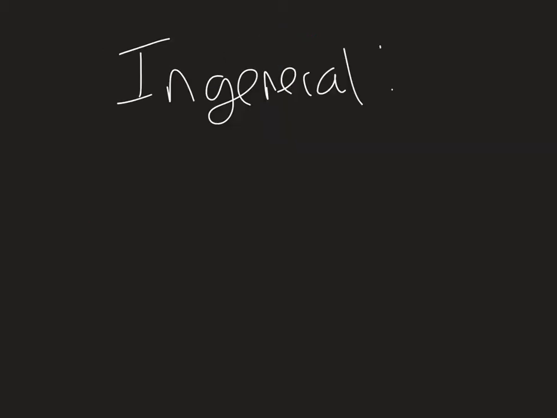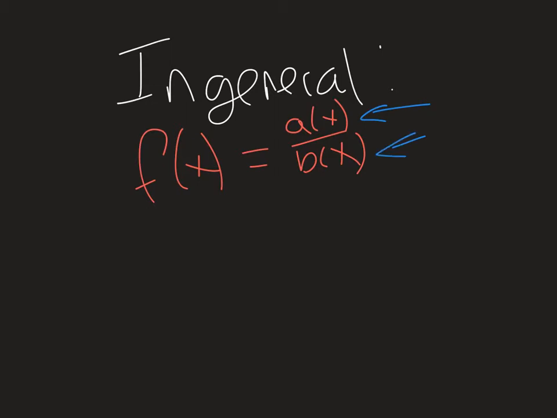So in general, when we're looking at a rational function, a rational function would be where we have f of x is equal to a of x over b of x. And this is, again, a weird, funky notation that a lot of textbooks use. But their way of explaining this is saying that these two things are both polynomials.